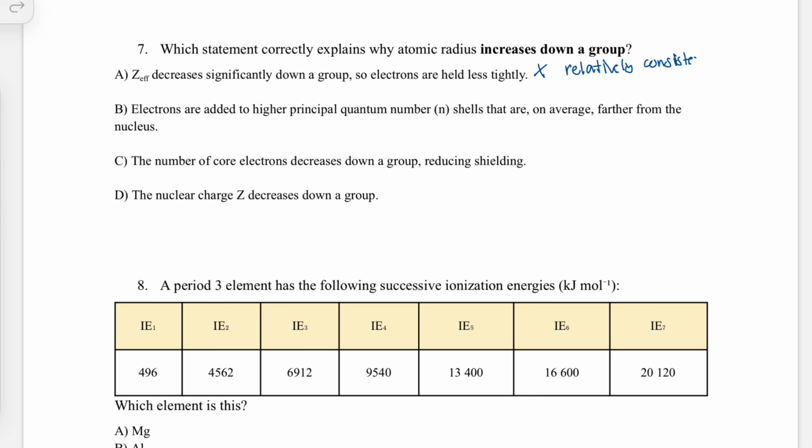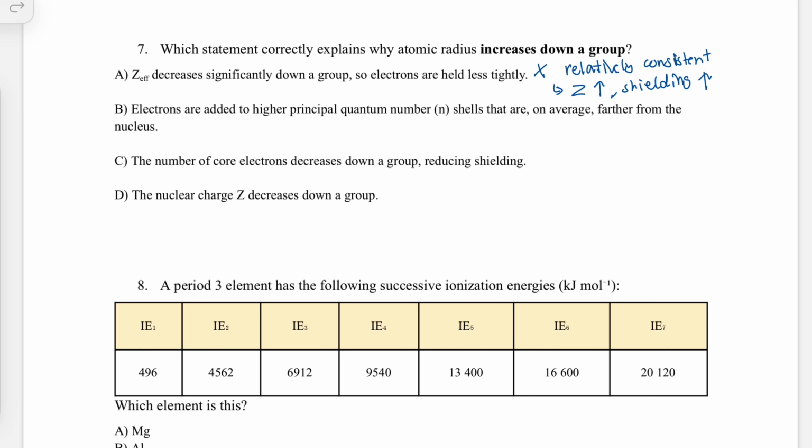And this is because, yes, they are gaining more protons, so the nuclear charge increases, but shielding also increases by the inner electrons. So the effective nuclear charge will stay relatively consistent because these two factors kind of balance each other out.